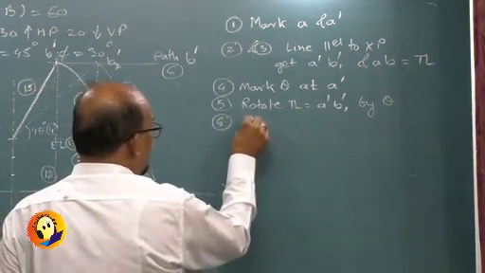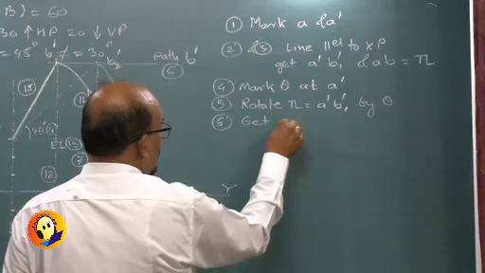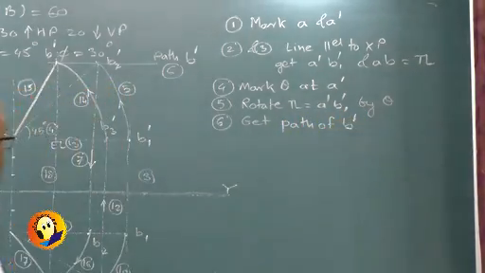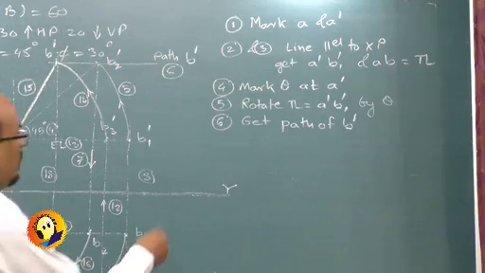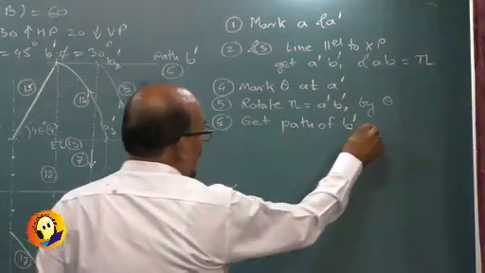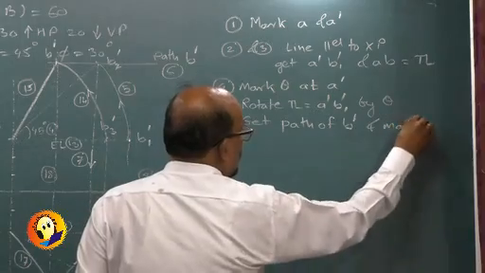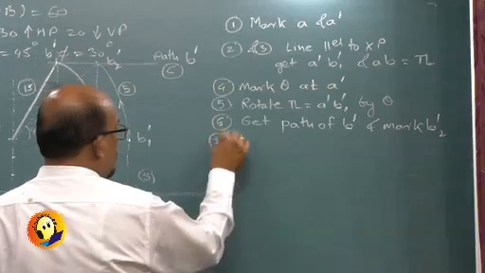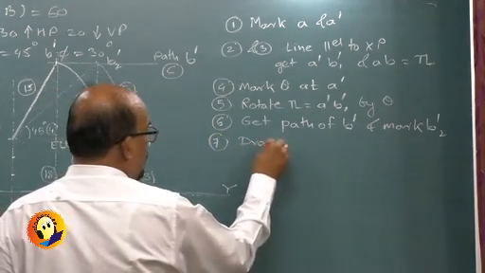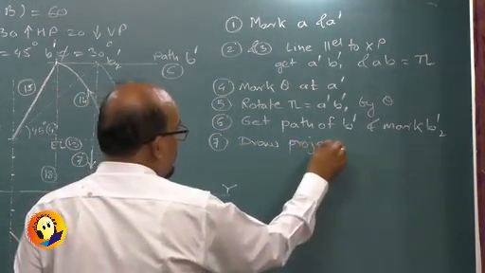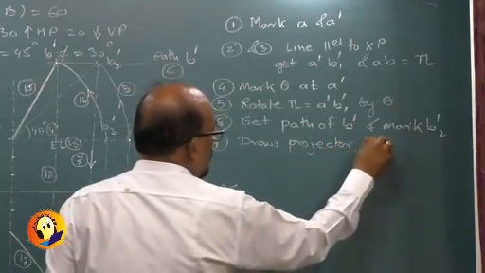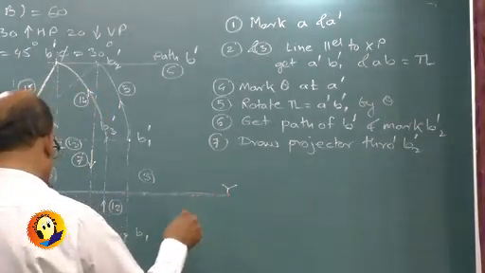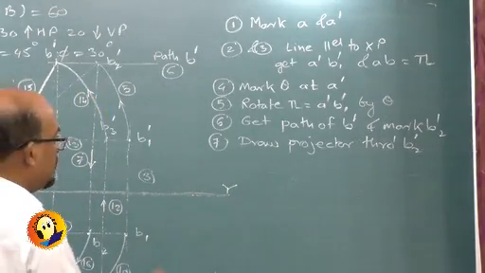Step number 6, get path of B dash. Step number 6, and mark B2 dash. Step number 7, draw projector through B2 dash. That is step number 7.